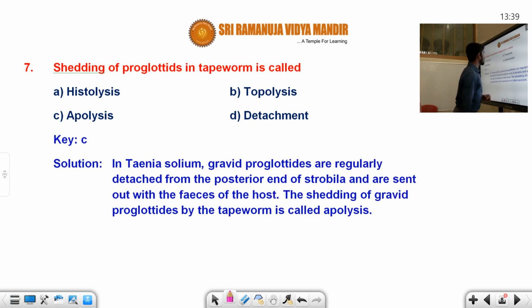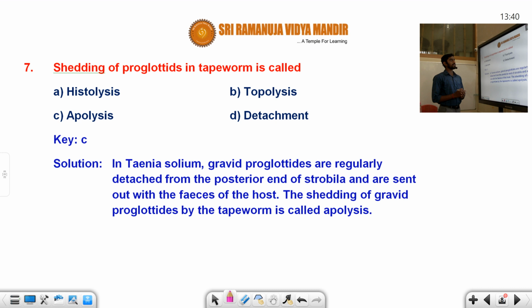Next, the other one is also very easy, students. Shedding of proglottids in tapeworm is called... In the tapeworm, Taenia solium is a common example. In Taenia solium you have already seen that there is a head part and a strobilus. The strobilus is nothing but proglottids, which are segments.